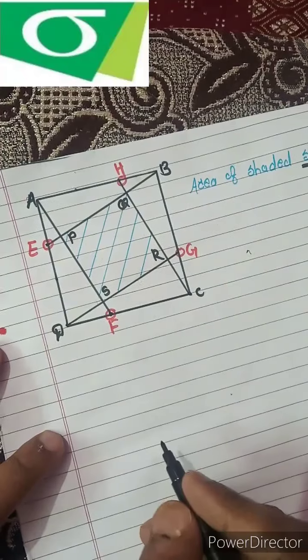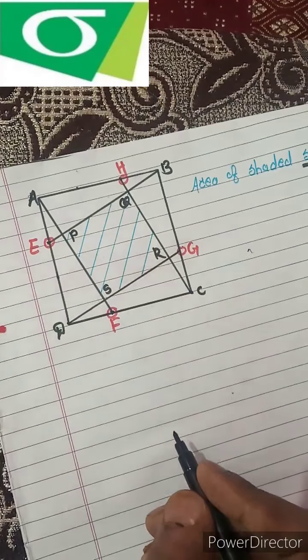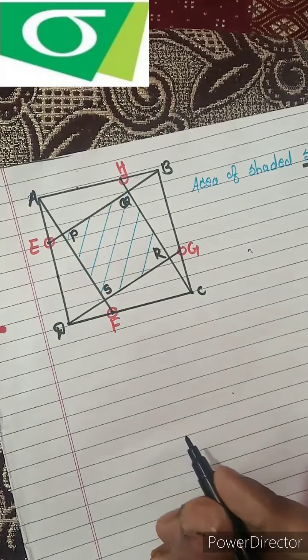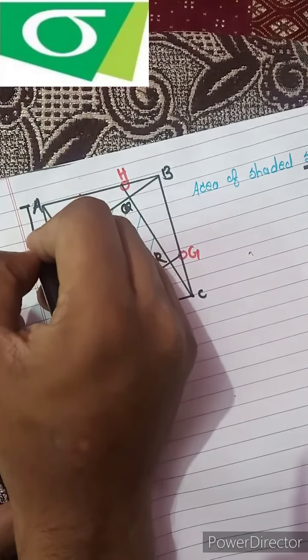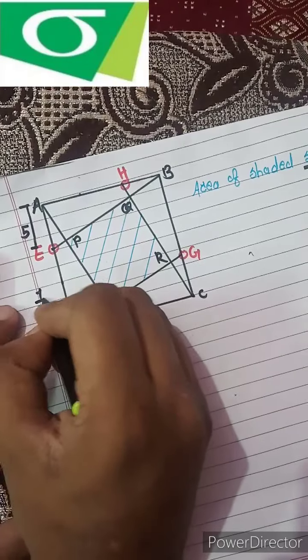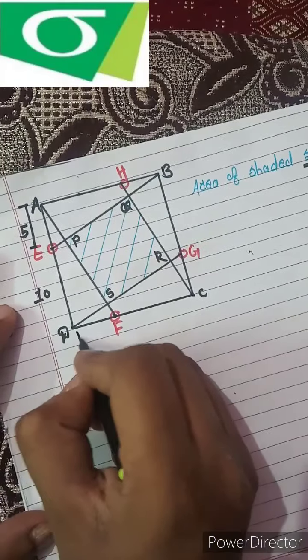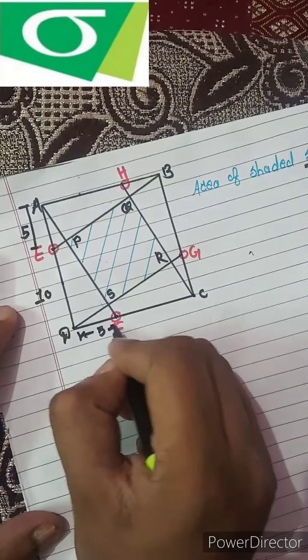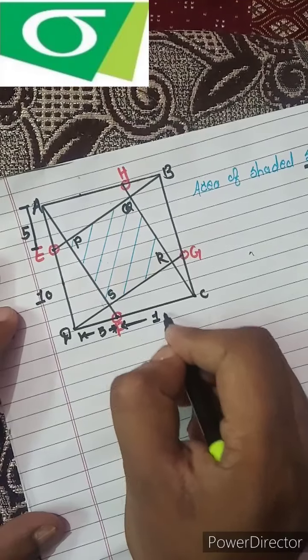Now again in this problem, I think you saw the numerical on the thumbnail. The sides provided are 5 centimeter and 10 centimeter, and the same here also, 5 centimeter and 10 centimeter.